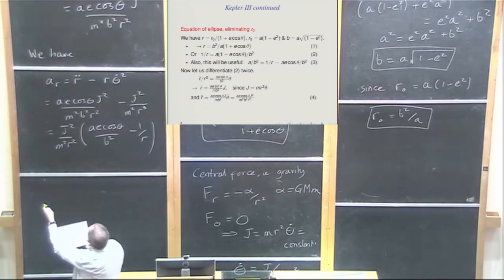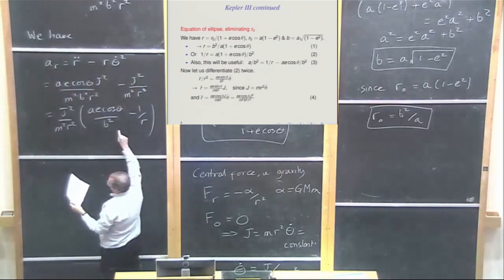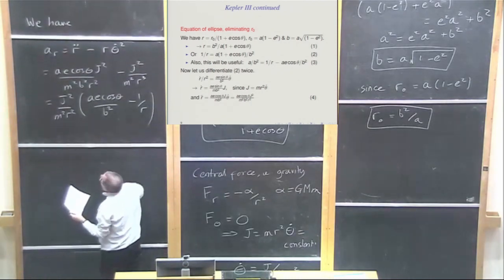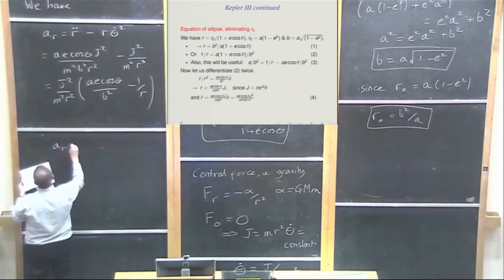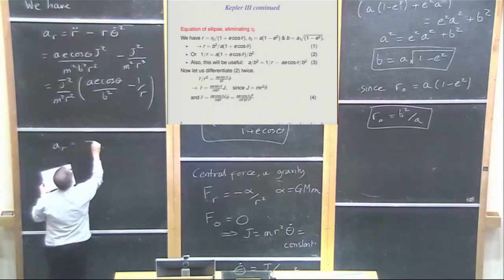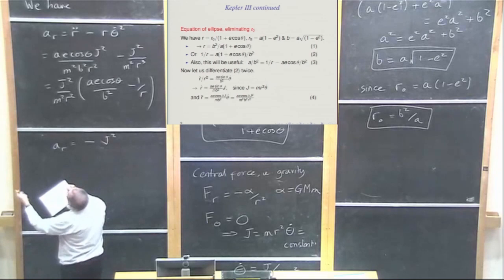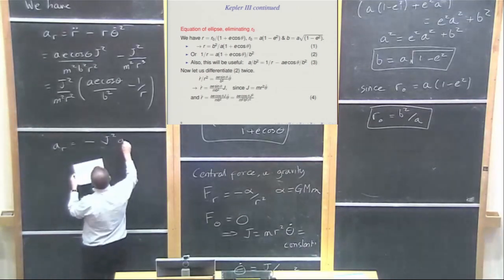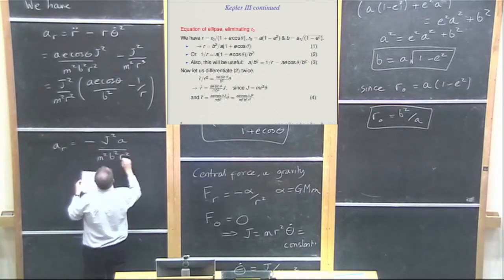So the right-hand side of this is nothing more than what we have here with a minus sign. So excellent. We have, therefore, that a_r is equal to minus j squared a over m squared b squared r squared.